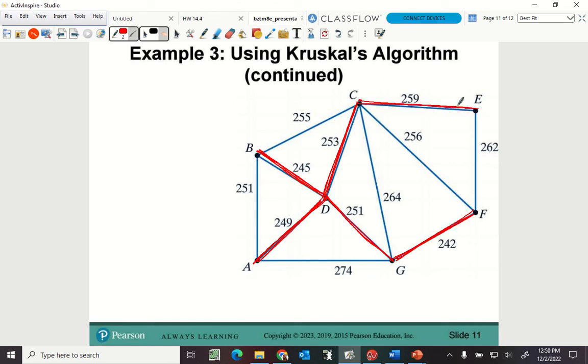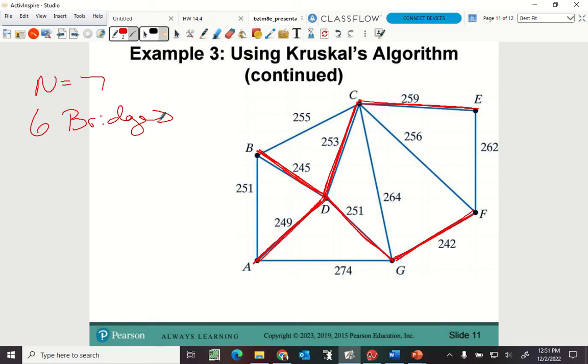So let's see, how many did I have? 1, 2, 3, 4, 5, 6, 7. So if n equals 7, that means I should have 6 bridges. Wait, where's the 7? Did you count D?